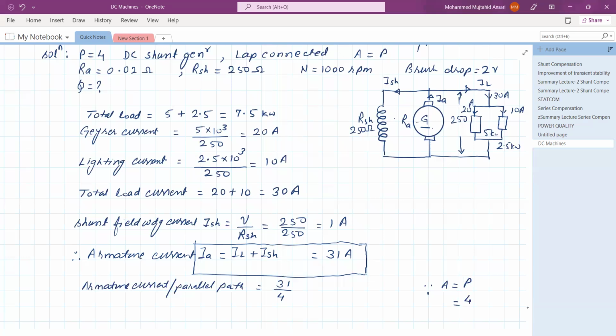Okay. So it is equal to 7.75 ampere. So this is the first parameter we have determined. Now, the EMF generated.